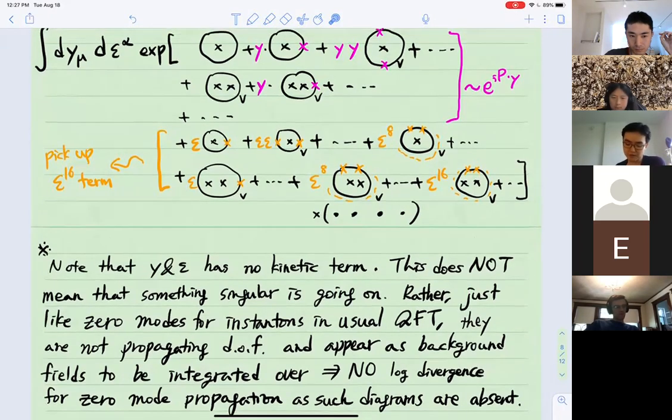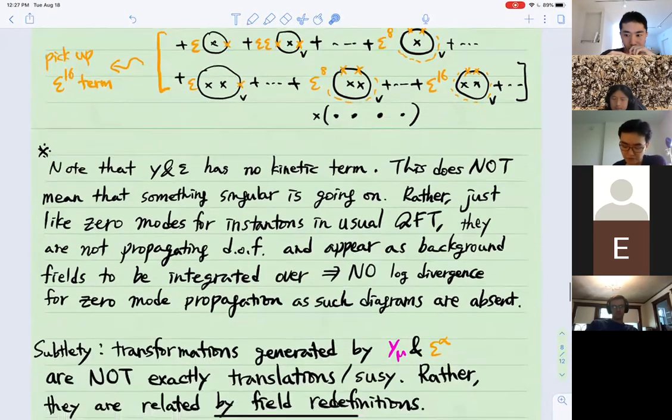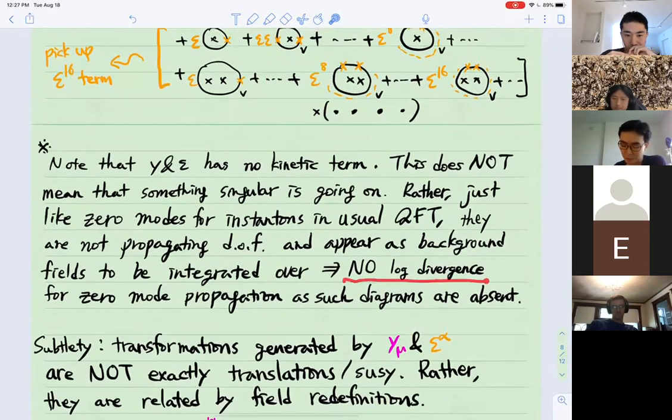Just like in usual QFT, when you have zero modes for some instanton background, they are not propagating degrees of freedom. Rather, they appear as background fields which you must integrate over, just like what we are doing here. And in particular, it means that there is no log divergence from this zero mode propagation because they do not propagate.